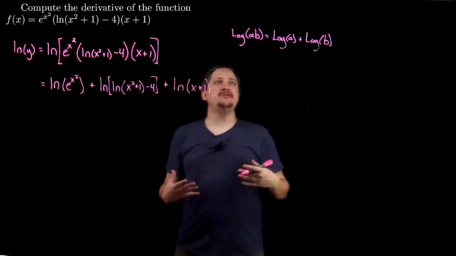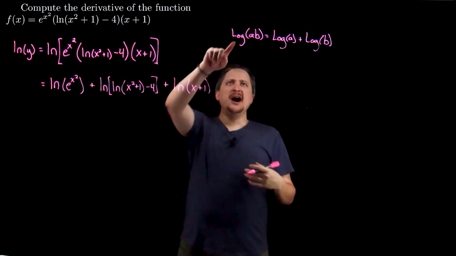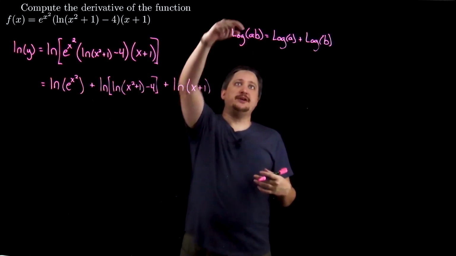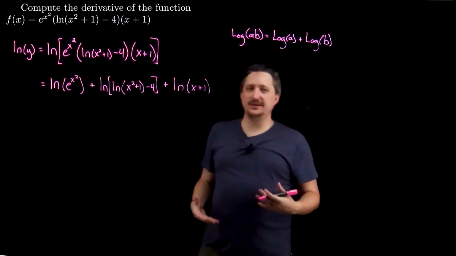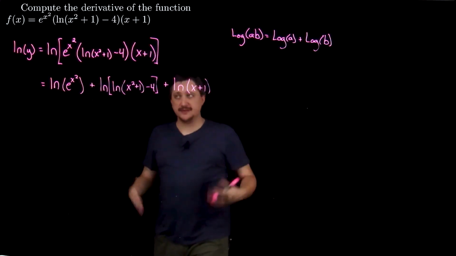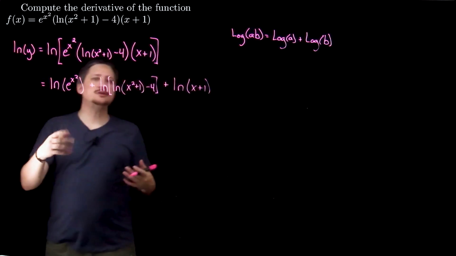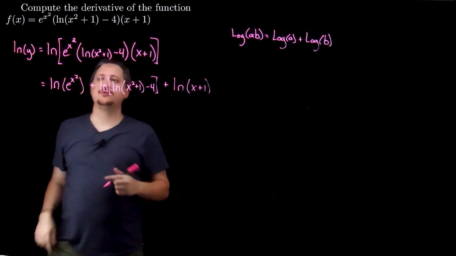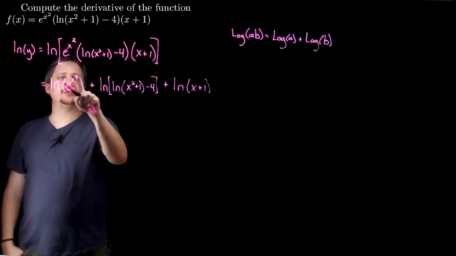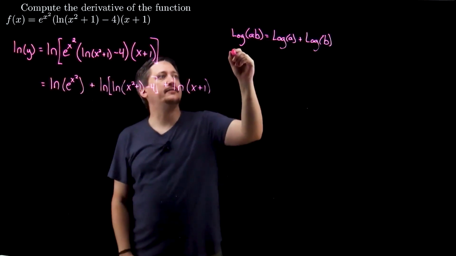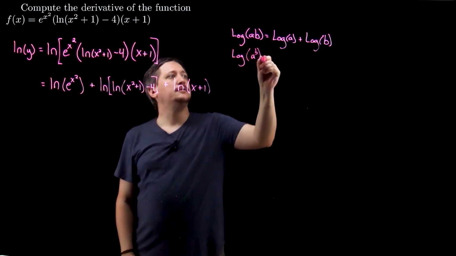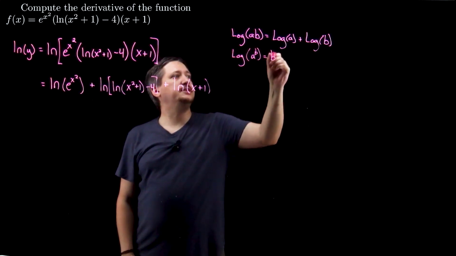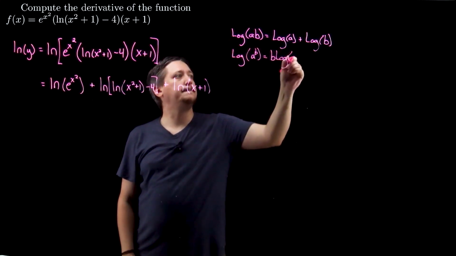But remember, I can't do anything about log of a plus b, right? It's only if they're having a product, so I can't split this thing up, unfortunately. So this really is about the best I can do splitting it up. But I can do a little bit more, especially right here. I can rewrite this by using the power rule, because another rule we have is log of a to the b is b log a.